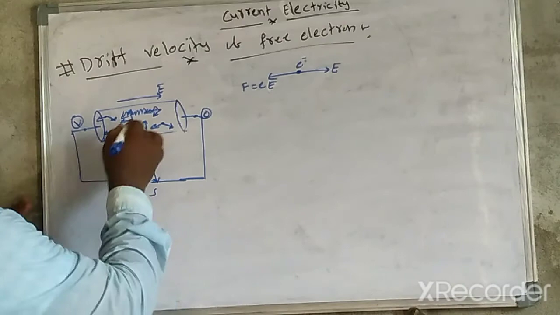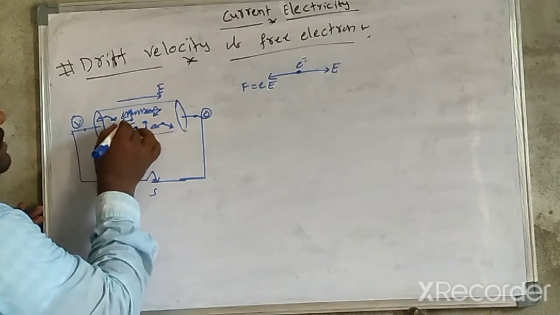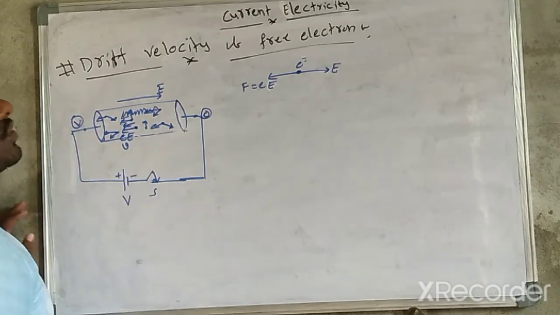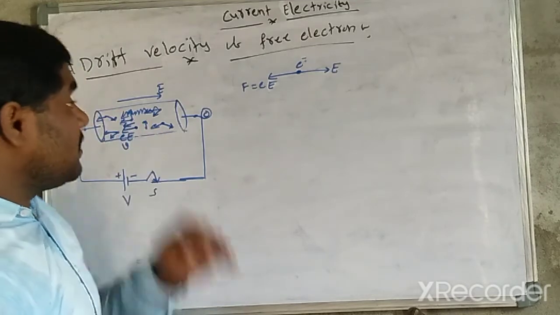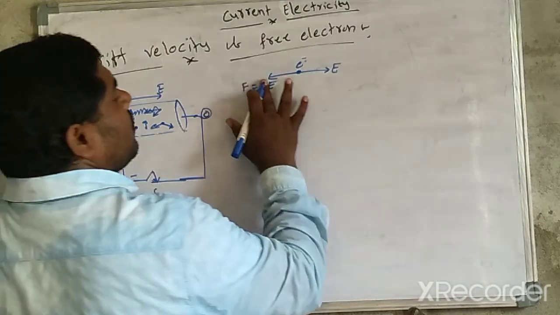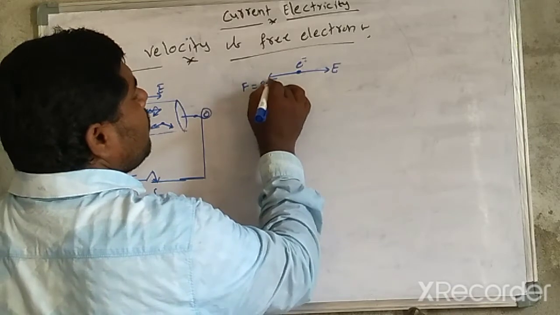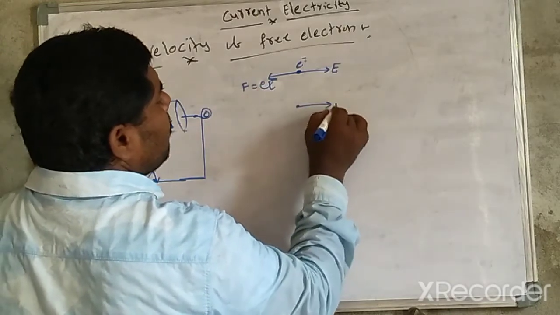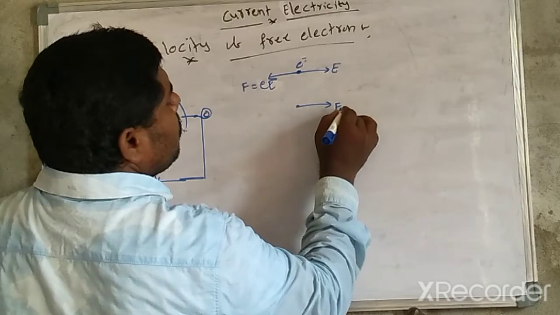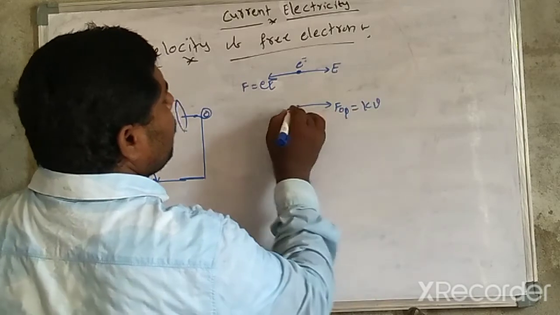This particle moves with some velocity V in the direction of the velocity. For that velocity, there is an opposing force equal to kV.